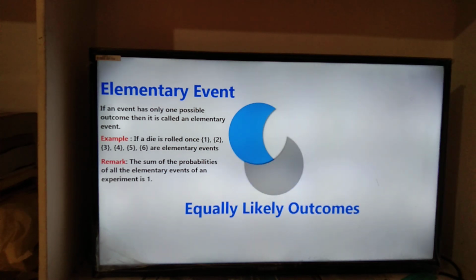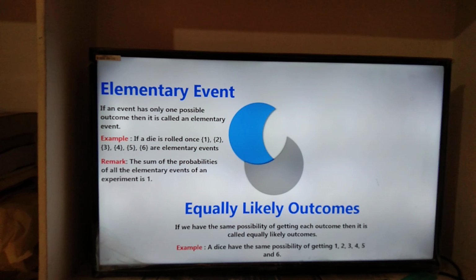Now coming to equally likely outcomes. If we have the same possibility of getting each outcome, then it is called equally likely outcomes. A dice has the same possibility of getting 1, 2, 3, 4, 5 and 6.